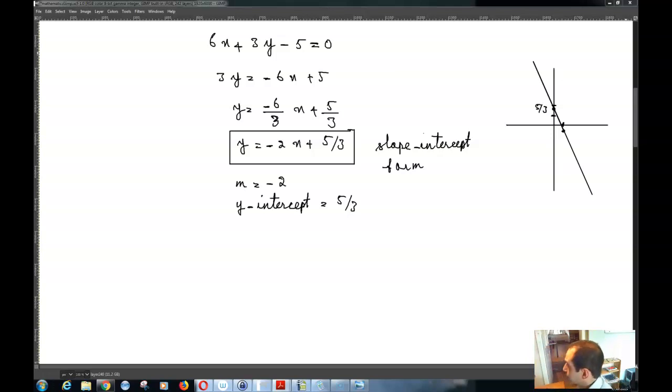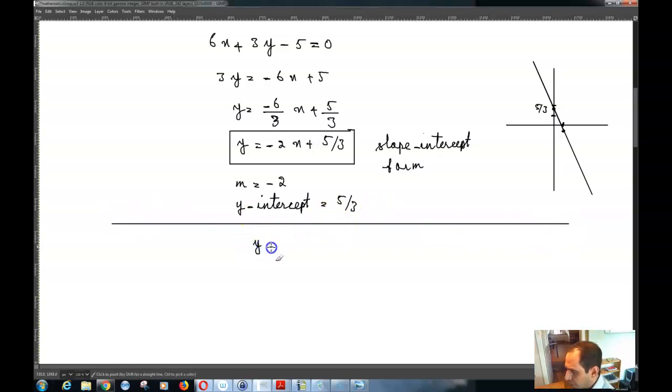Number 3 is y is equal to 0. So this line is already in any sort of form that you might think of, because your b is equal to 0, your c is equal to 0. So it's simply a horizontal line, simply this line over here. This is y is equal to 0.